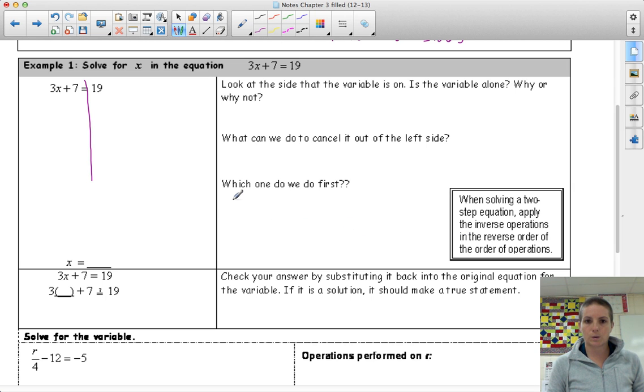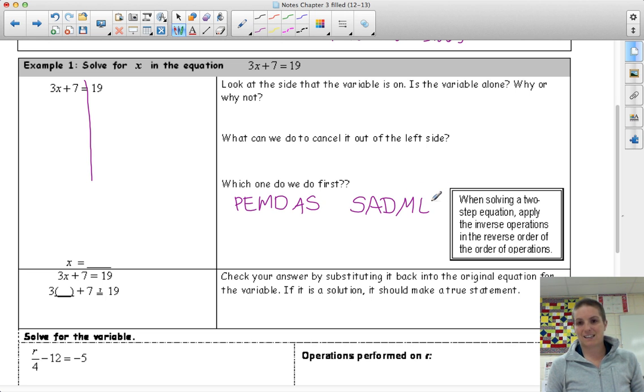Instead of PEMDAS, please excuse my dear Aunt Sally, when we solve, it becomes SADMEP. Another reason why I really don't like that phrase. Remember, additions and subtractions are equal, multiplications and divisions are equal, exponents and parentheses are not.